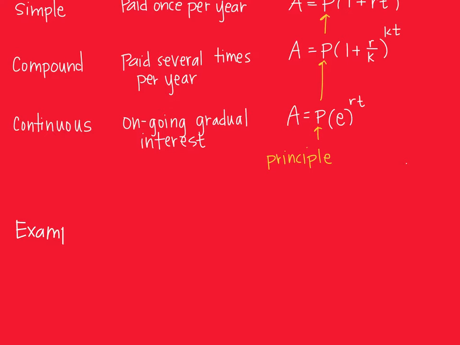So here's your first example. Starting with 3,000. So that'll be your principal. So that'll go in for P into whichever equation we decide to use.